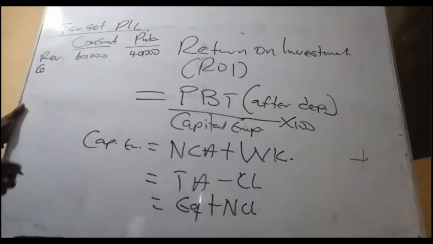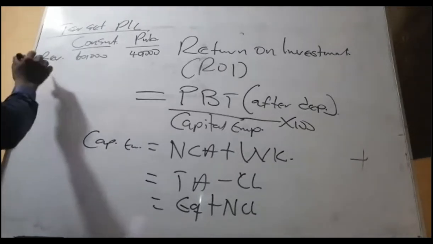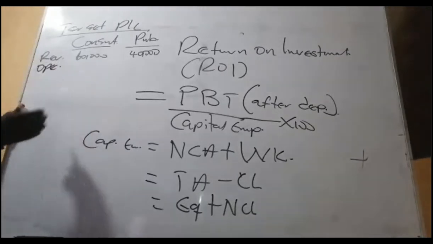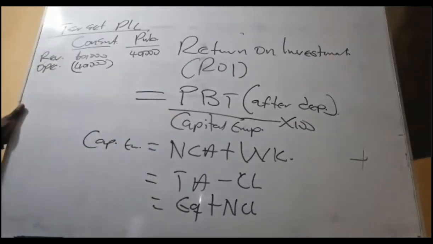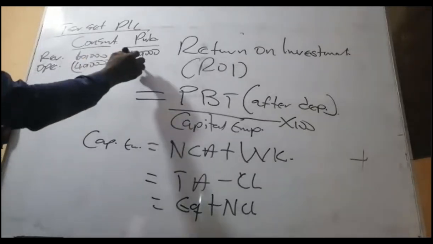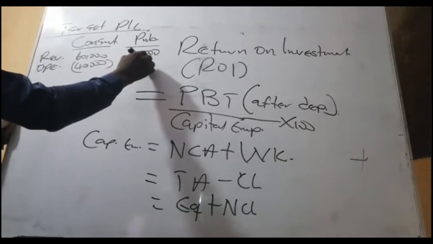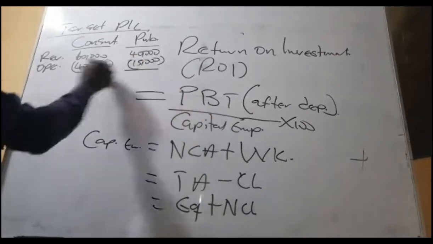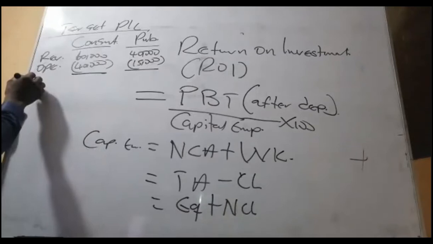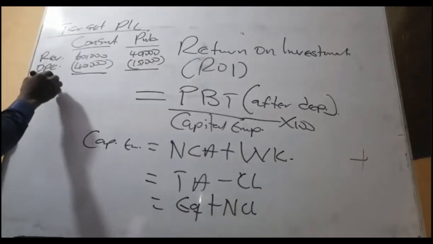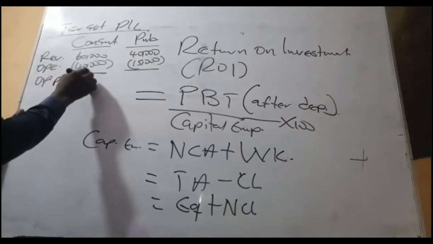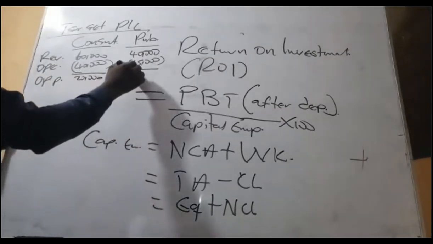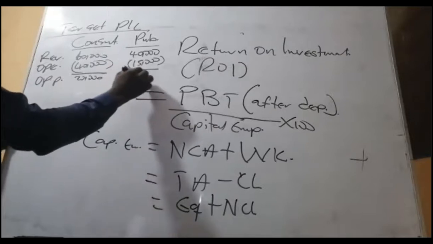Cost of sales or operating cost: 40,000 for one and 15,000 for the other. So here is the operating profit: 20,000, and 25,000.